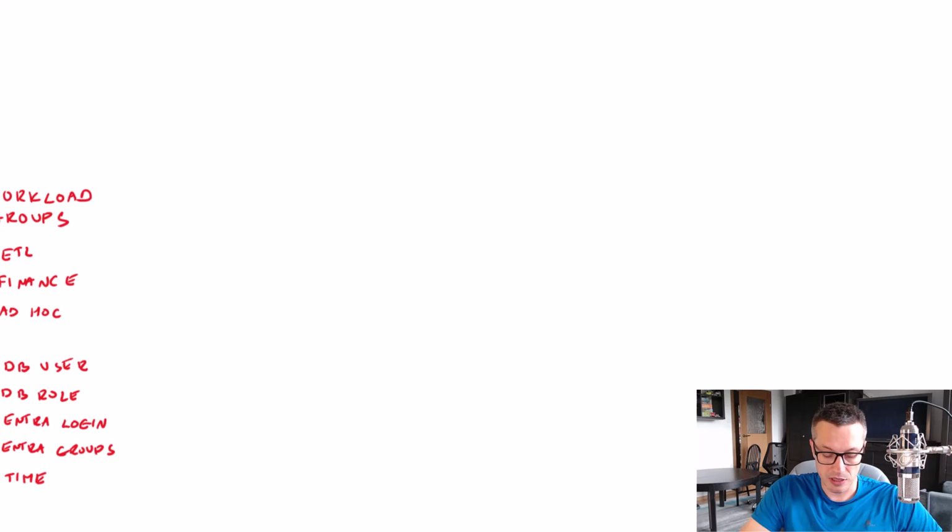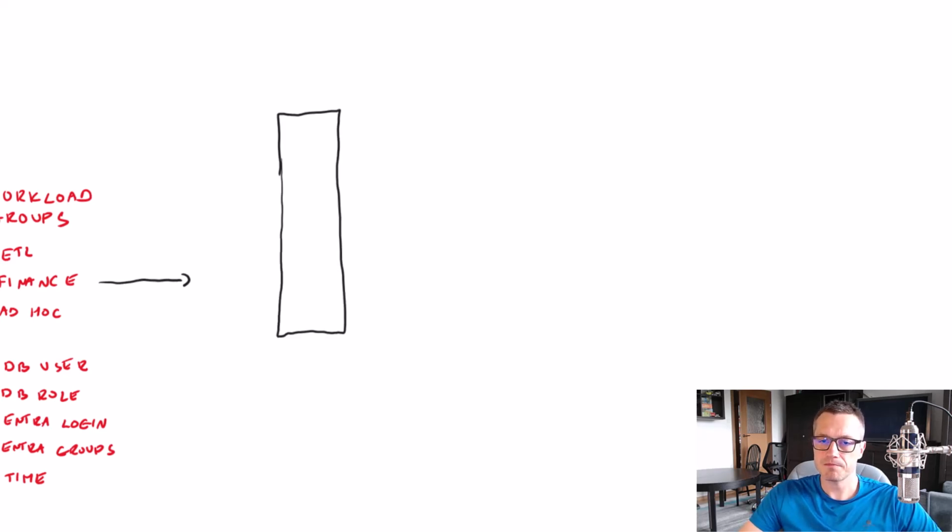So let's say that we would like to configure this workload group for finance guys, those who are impatient and want their queries to be executed as fast as possible. Workload groups will allow us to do this.